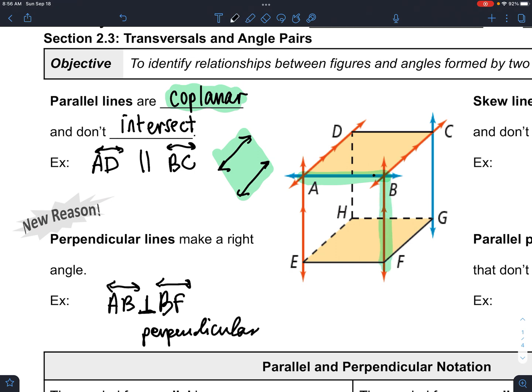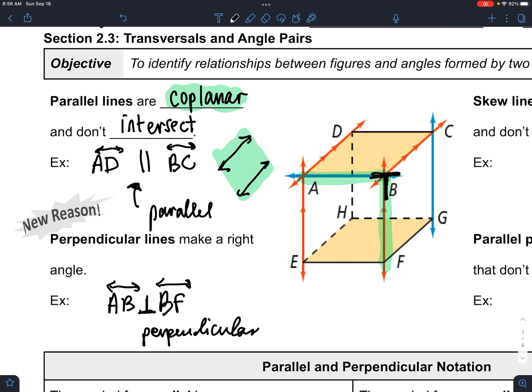When these two intersect, they make that T shape, right? Whereas the parallel symbol looks like two parallel lines, right? Well, so does perpendicular.